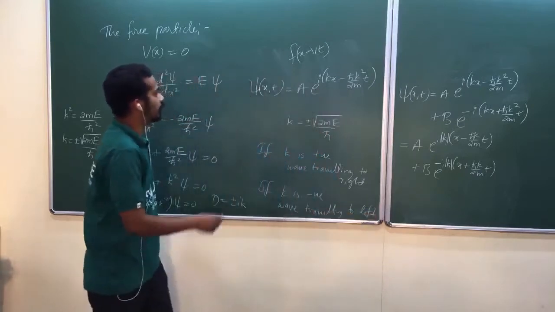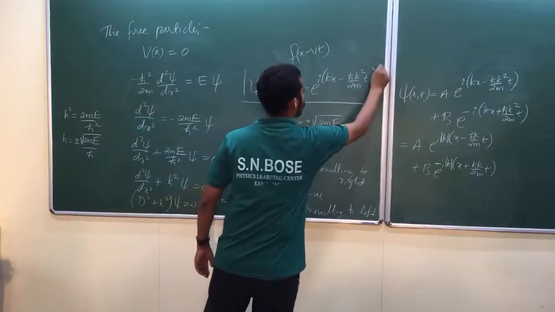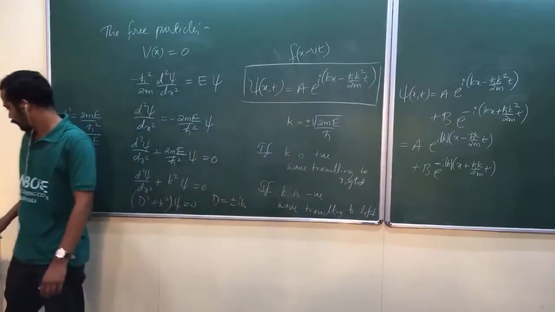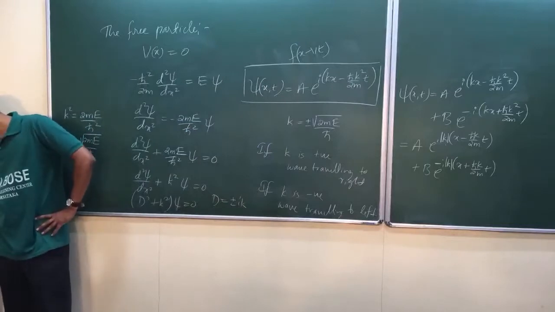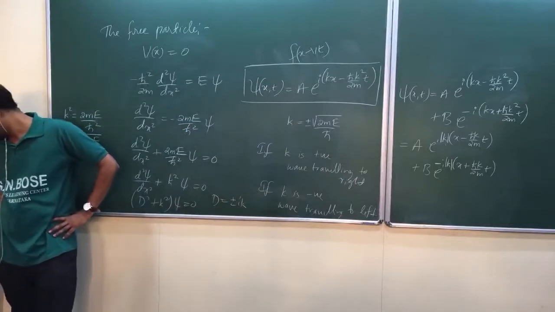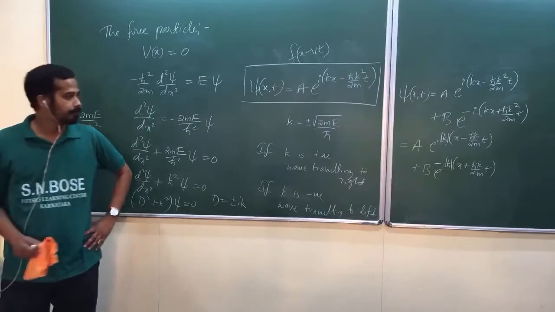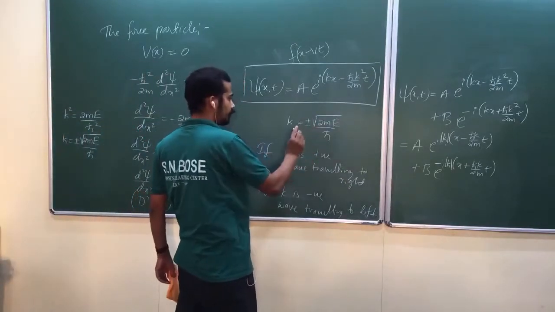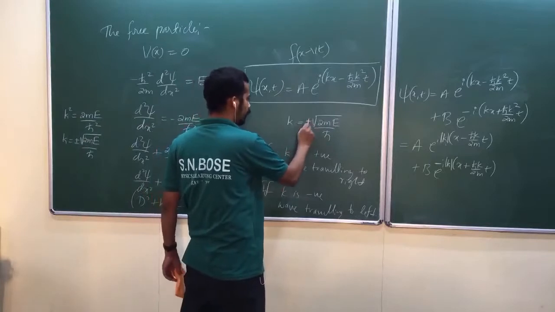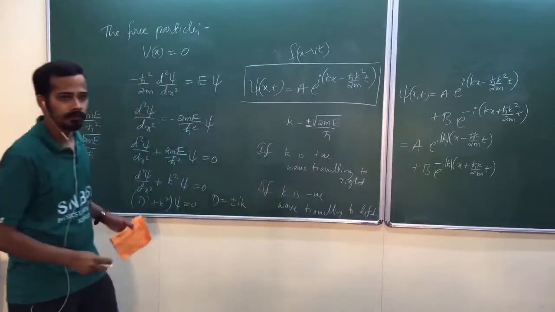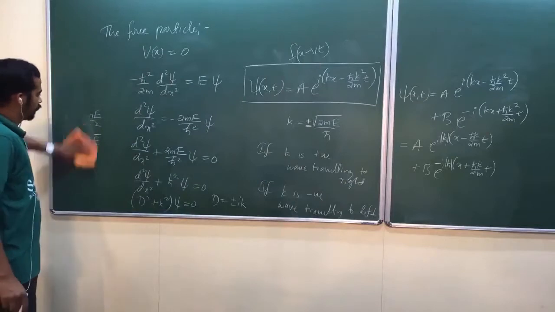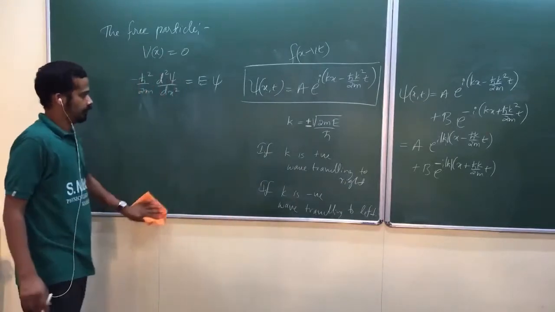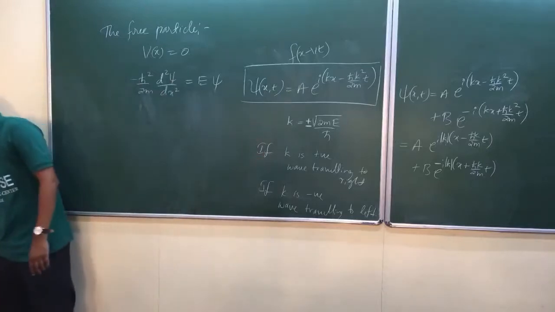One whole equation will represent both of those parts. As you can see here, energy is positive. This whole quantity is real. Don't worry about that one. It can be either positive or negative. Clear? Now that is the solution of Schrodinger equation.